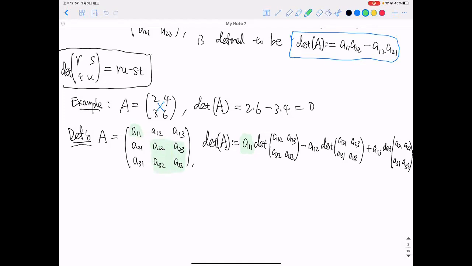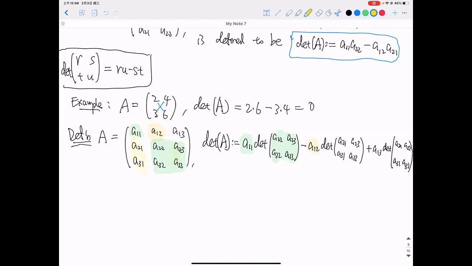Now you move on to A12, keep in mind there's a sign. You multiply A12 by the determinant of the matrix formed by deleting the column and the row containing A12.